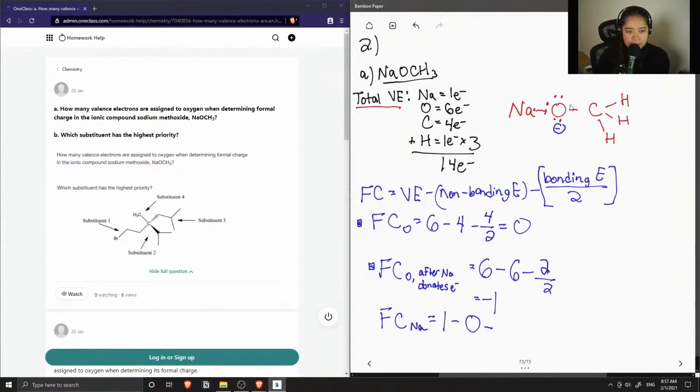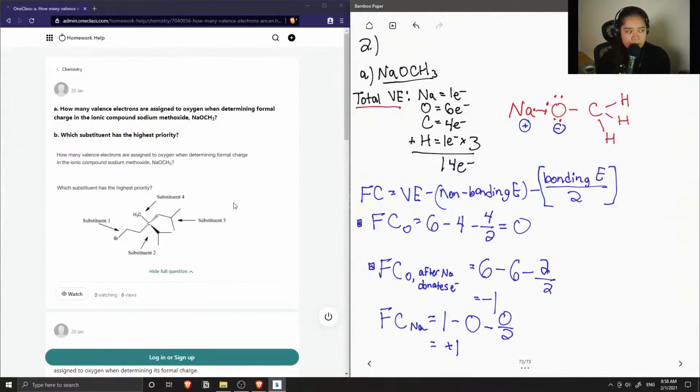And when the bond isn't formed and it just gave one of its electrons, then we also write 0 bonding electrons divided by 2. And this is how sodium gets its positive charge. Okay, and now they can form an ionic bond because they are oppositely charged.